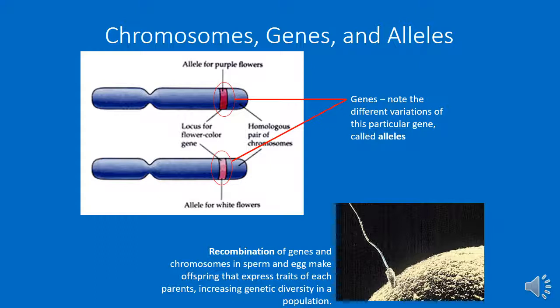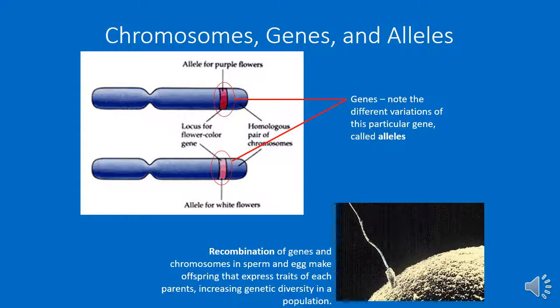And so the process of creating that sperm and egg jumbles up your DNA to make whole new combinations, whole new chromosomes. And then once they fuse together and make that new offspring, it now has a totally new set of DNA. It has some from mom, some from dad, and so it's going to be a little bit different. This increasing difference is going to increase the genetic diversity within the population.